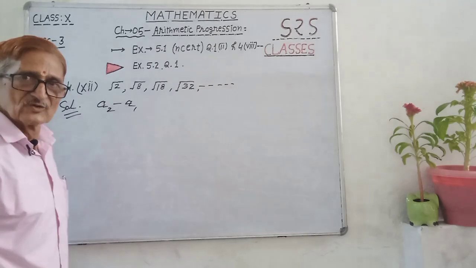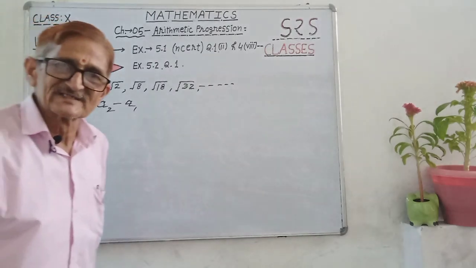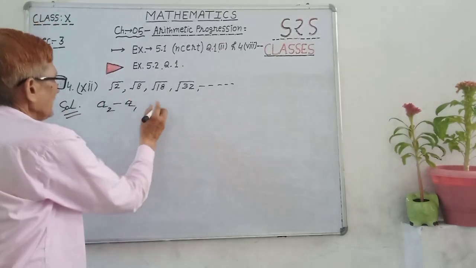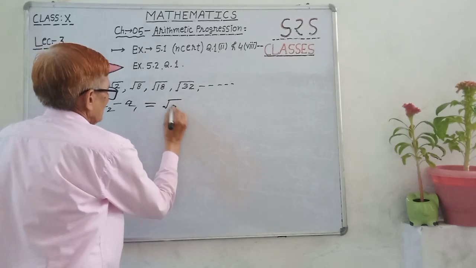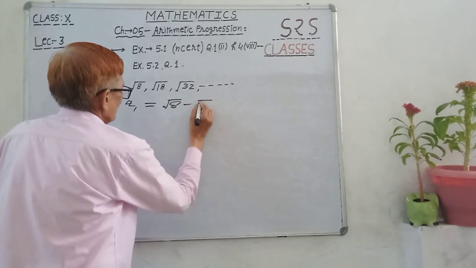Okay, a2 minus a1, what will come? a2 is root 8 minus root 2.